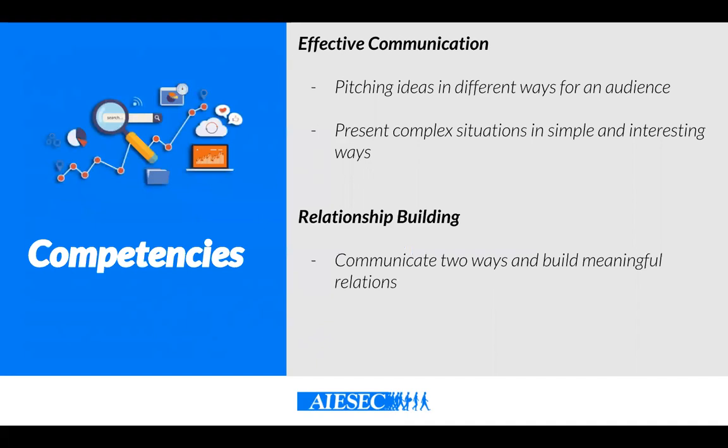And when it does come to effective communication, as an OGX member, you're communicating with various people, whether it be students on campus, your own team, or even AIESECers from overseas who are managing the projects. Some things that you'll be working on is that you pitch ideas in different ways.